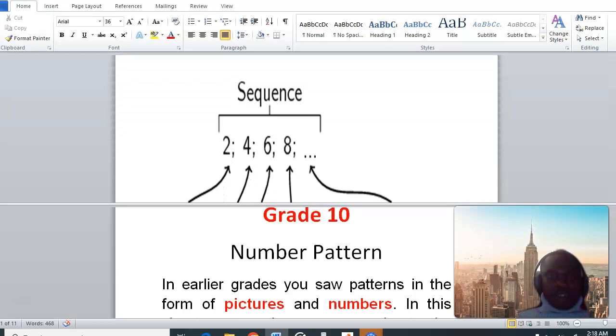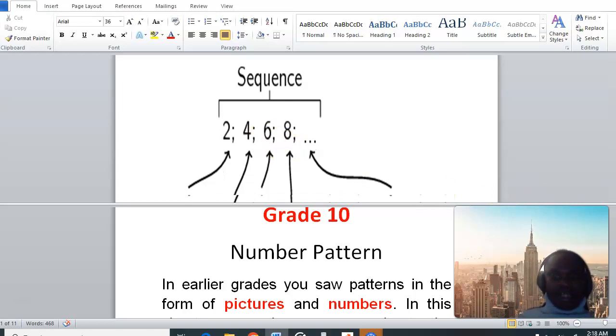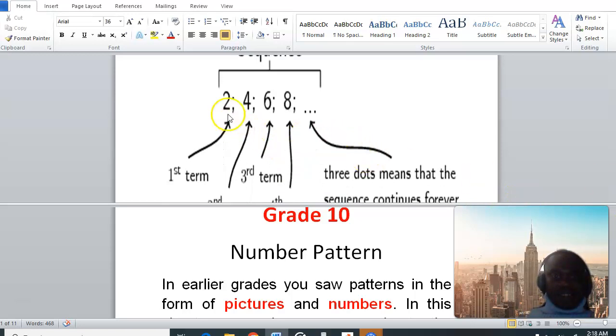Now look at this sequence. You see that it's in numbers. Today we'll talk about numbers. Another time we'll talk about pictures, where you can convert them to numbers. If you have numbers like this, the first number is the first term.